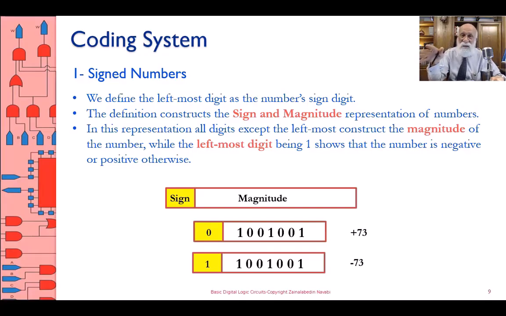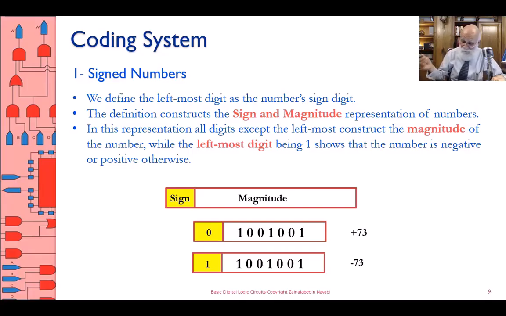We are not discussing those, but all I'm saying now is that we have to talk about codes. And in a computer system, in a digital system, you see ones and zeros. These may be codes. We start with a very basic thing, which is signed numbers.